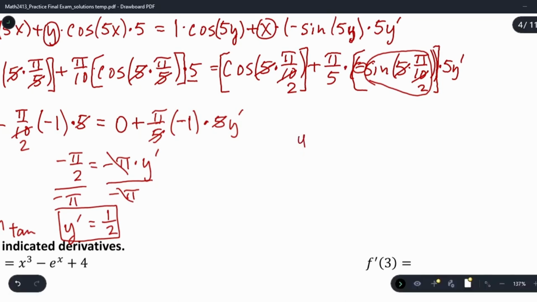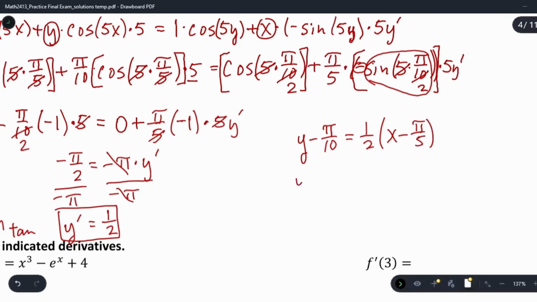Here we go. Y minus y1. Remember the y was pi over 10 equals m, which is a half, x minus pi over 5.